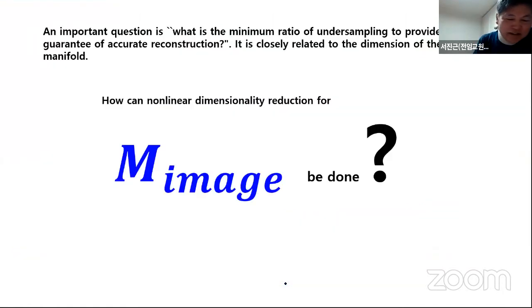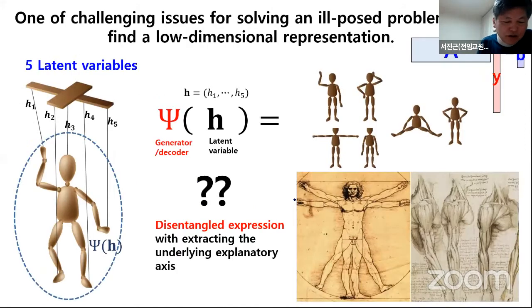Okay. Then the important question is: what is the minimum ratio of undersampling to provide the guarantee of accurate reconstruction? It is closely related to the dimension of the manifold. Then the question is how nonlinear dimensionality reduction for this image can be done. And this is a very, very challenging issue. One of the challenging issues in solving an ill-posed problem is to find a low-dimensional representation.